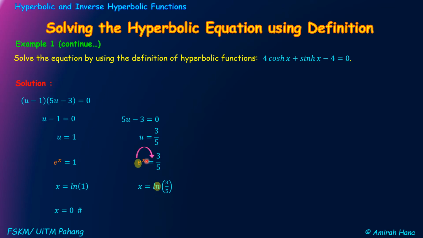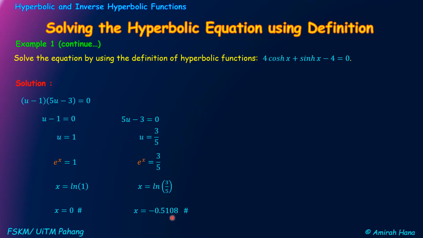So the left hand side is x, and it equals ln of 3 over 5. Using a calculator, x equals negative 0.5108 up to 4 decimal places.